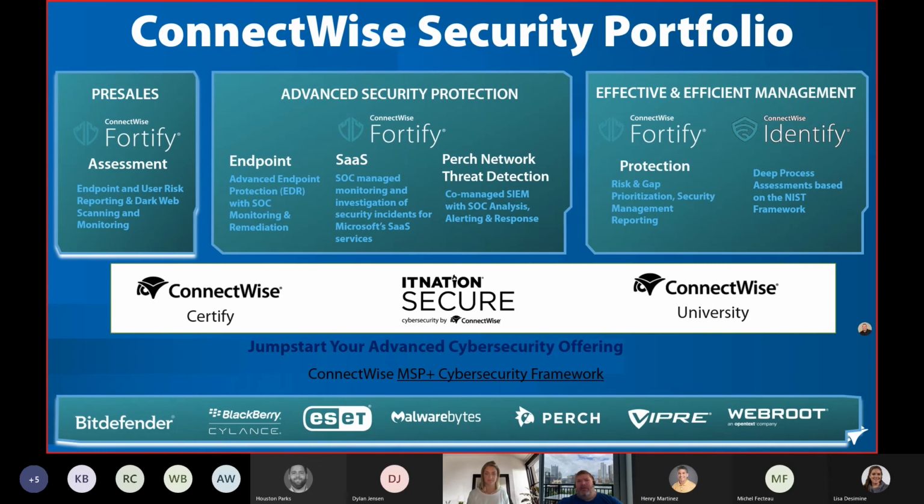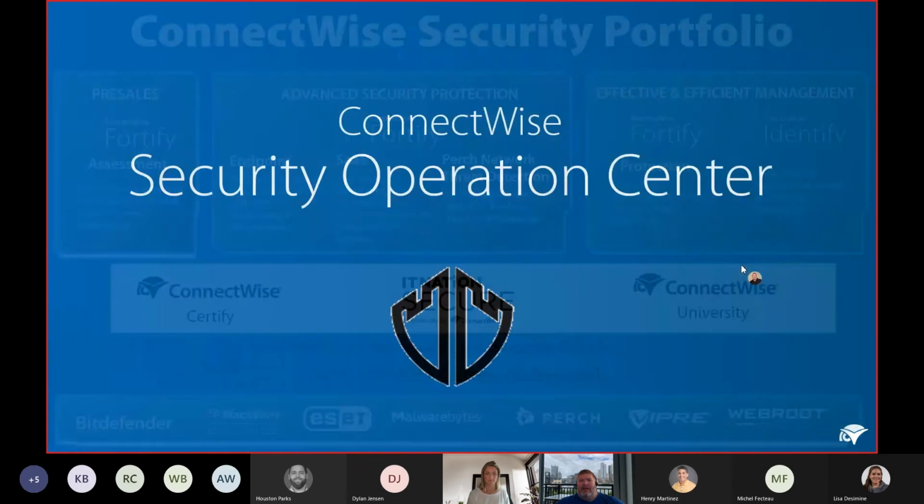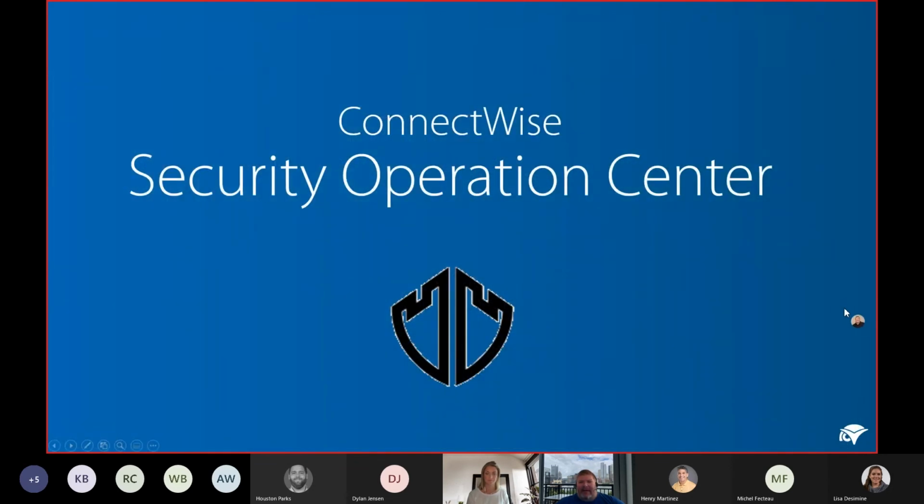Based on how the owner of that business answers those questions, it will determine your action plan, knocking out the critical things that are probably going to happen and are going to be bad when they do, and working with them over time to reduce their overall risk. So that's a real quick high level of the Fortify stack.